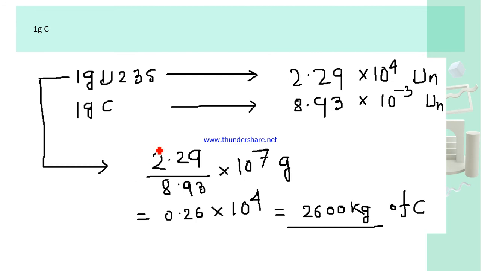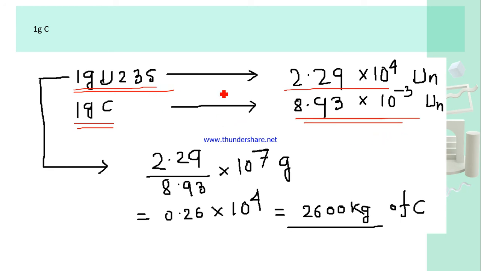Now if we do a comparison, 1 gram of fissile nucleus of uranium-235 can produce 2.29 into 10 to the power 4 unit of energy, and 1 gram of coal can only produce 8.93 into 10 to the power minus 3 unit.